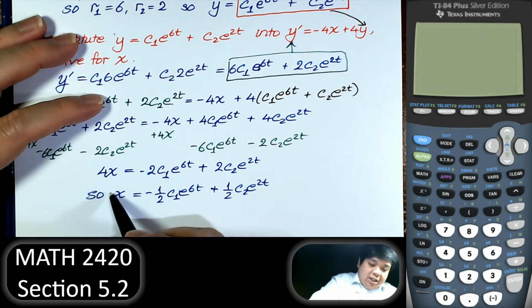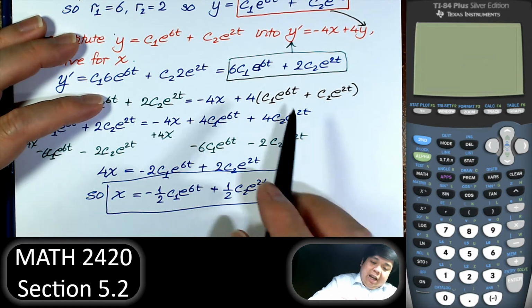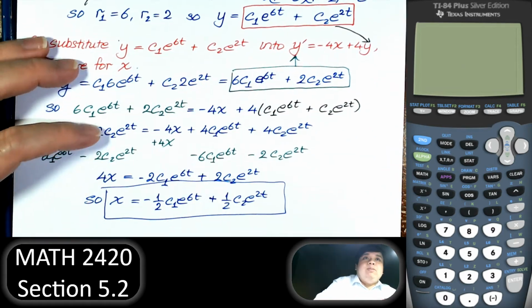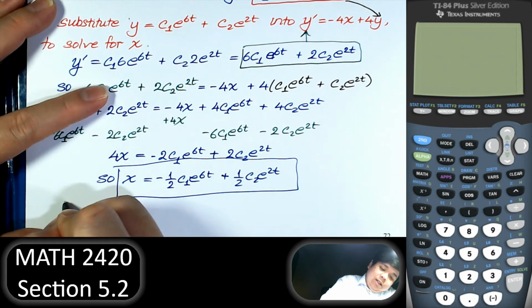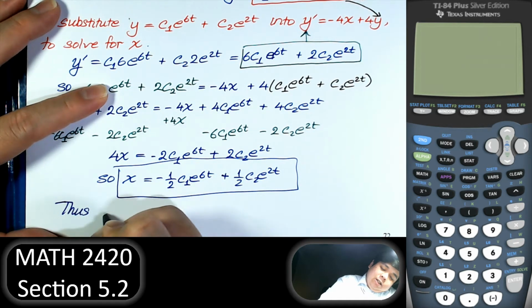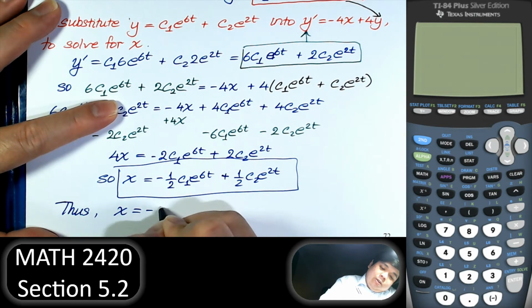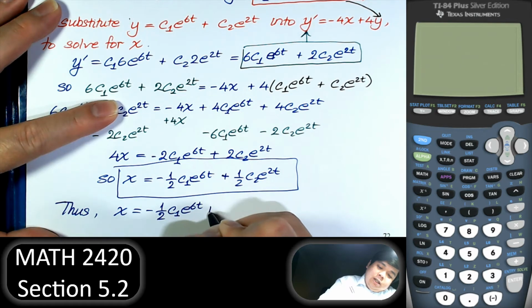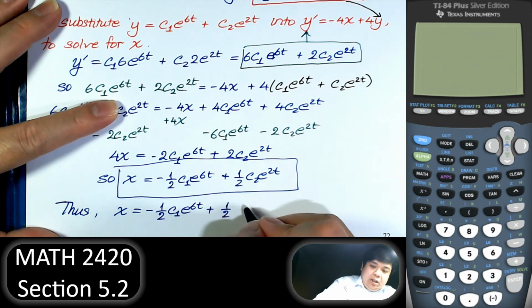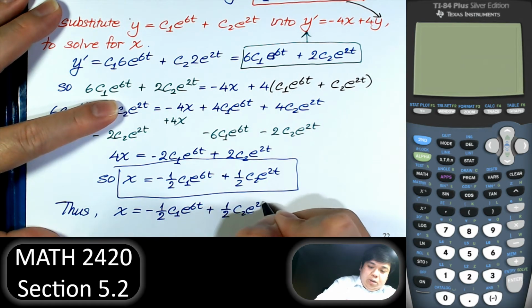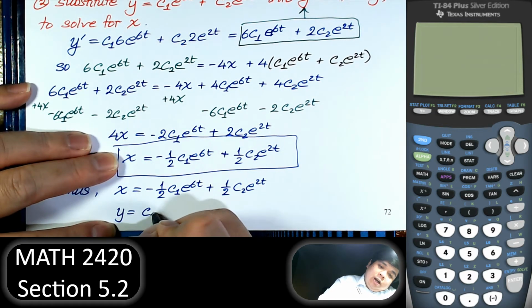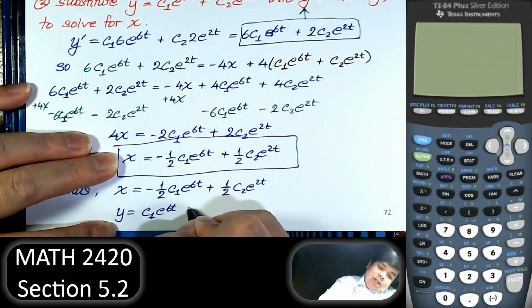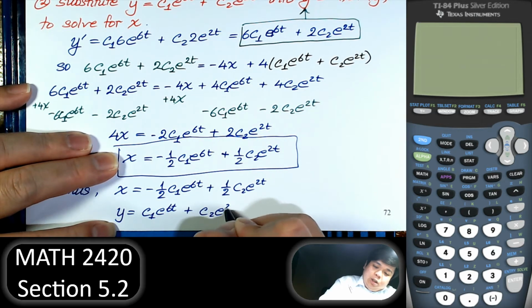Yeah. So we have x and we have y. So we have x equal to negative 1/2 c1 e to the 6t plus 1/2 c2 e to the 2t. y equal to c1 e to the 6t plus c2 e to the 2t.